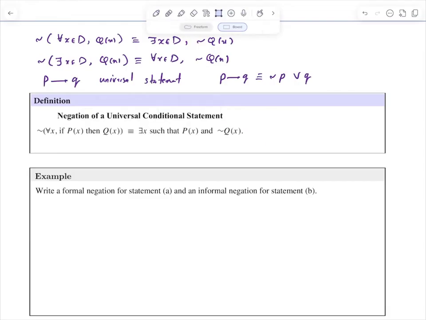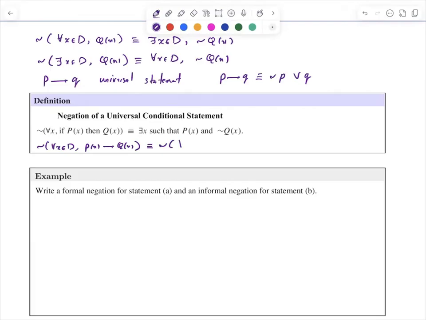The negation of for any x in domain D, if P(x) then Q(x), is equivalent to there are some x values in domain D such that P(x) and not Q(x). So remember that to find the negation of for any x in domain D, P(x) then Q(x), we have to make the conversion first.